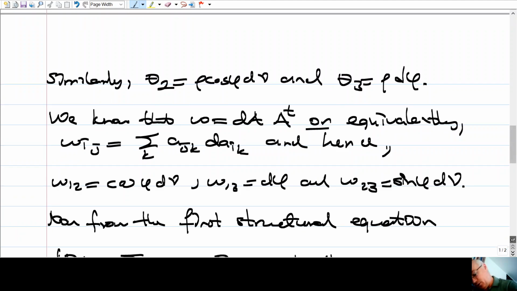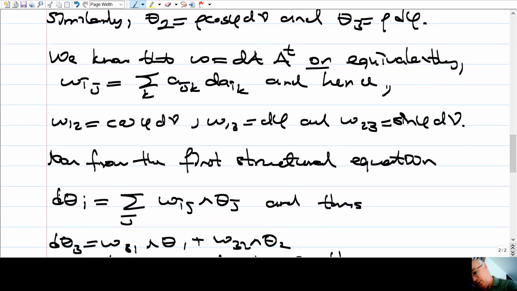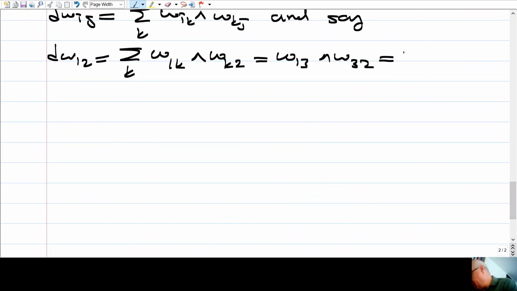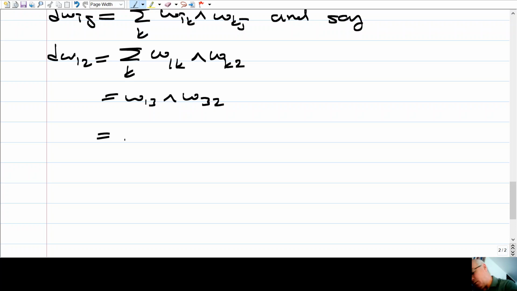Right, so yes, the omegas are here. So by just plugging them in, we get omega 1 3 wedge omega 3 2, and this is equal to minus sine phi d phi d nu.